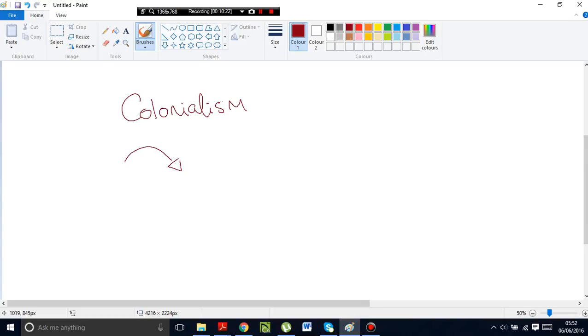So when we think of, say, white colonial countries, we think of New Zealand, of course. We think of South Africa. We think of Chile, North America, Argentina, Australia.